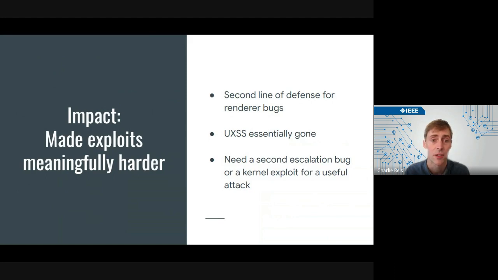This meant that attackers must now find a second bug, either a privilege escalation bug to the browser process or a kernel exploit, in order to attack the user's cross-site accounts, which is much harder. This means we're now getting the benefits of not just protecting the user's machine with the sandbox, but also protecting the user's web accounts with the sandbox.